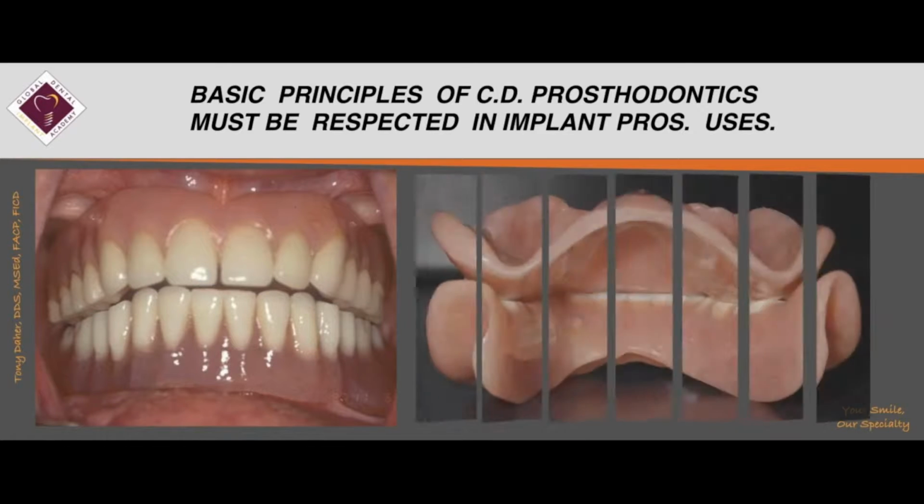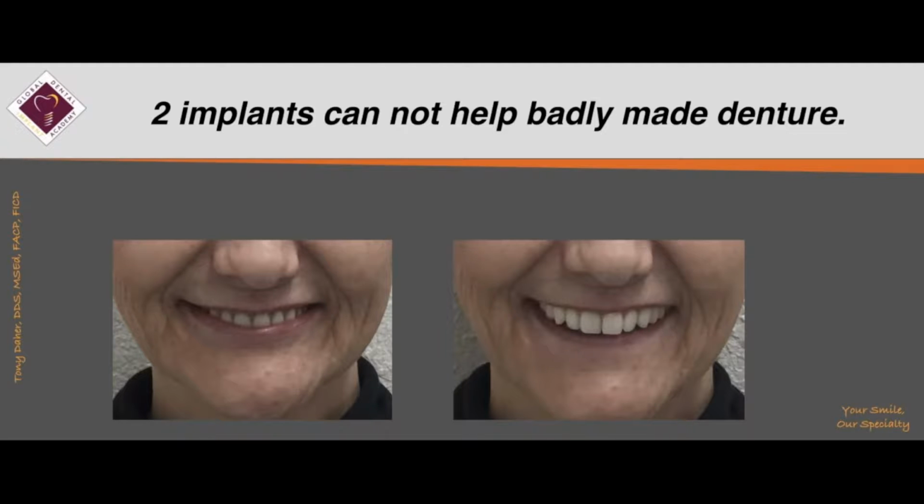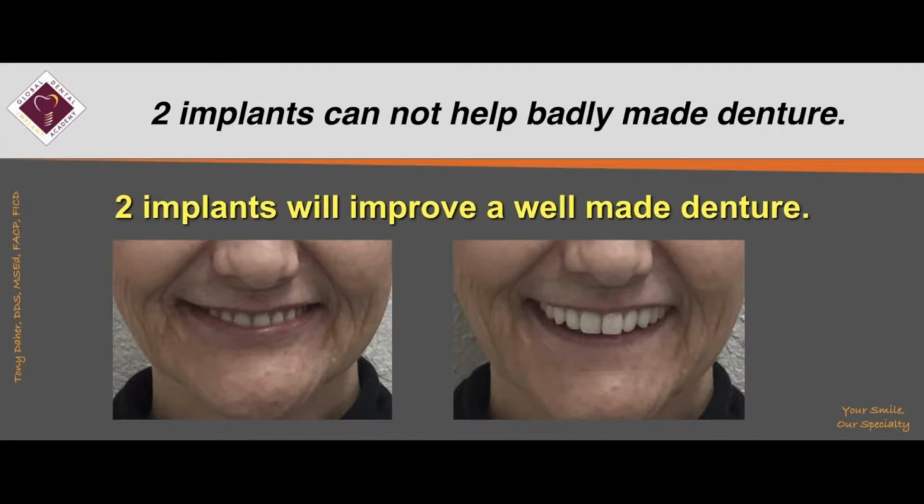So it's very important. This is an example of a well-made complete denture. So bottom line, in summary: 2 implants cannot help a badly made denture, but on the other hand, 2 implants will improve a well-made denture.